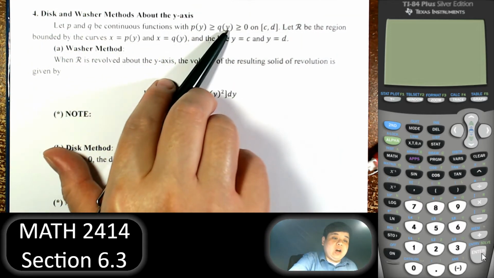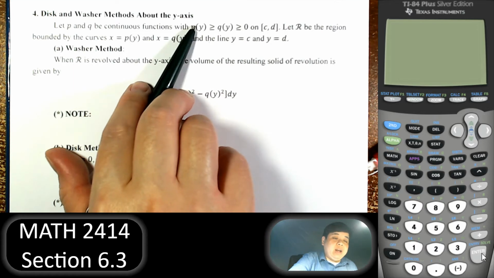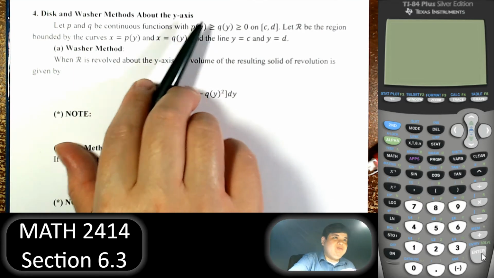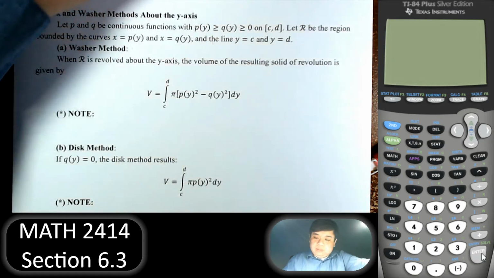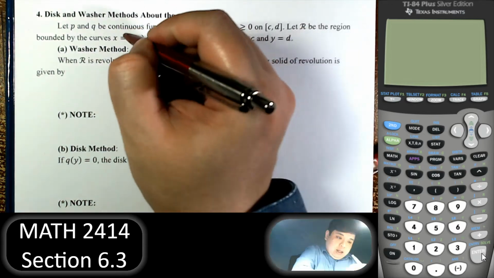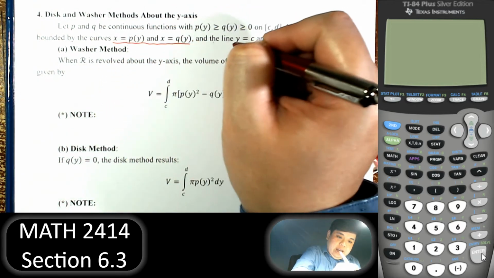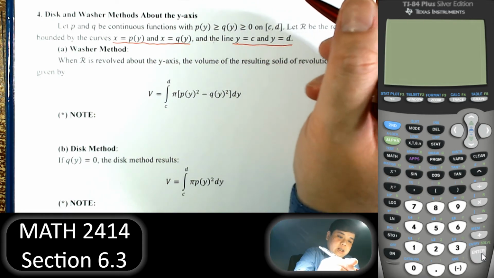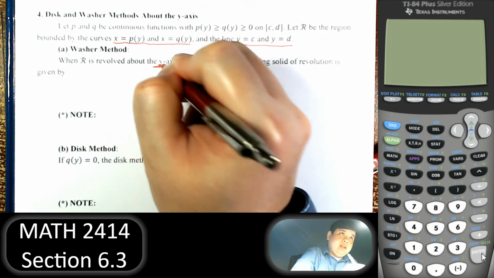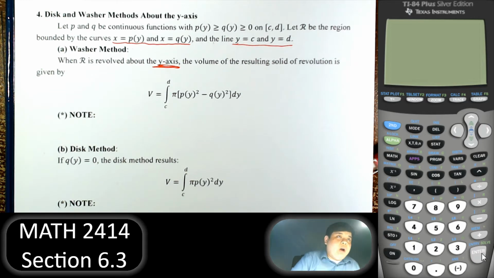One is bigger than the other, so bigger radius, smaller radius, pretty much. And then we have this bounded by the two functions, and we know the limit. And this time it is rotated about the y-axis. So when the region is rotated about the y-axis, still the same formula though.